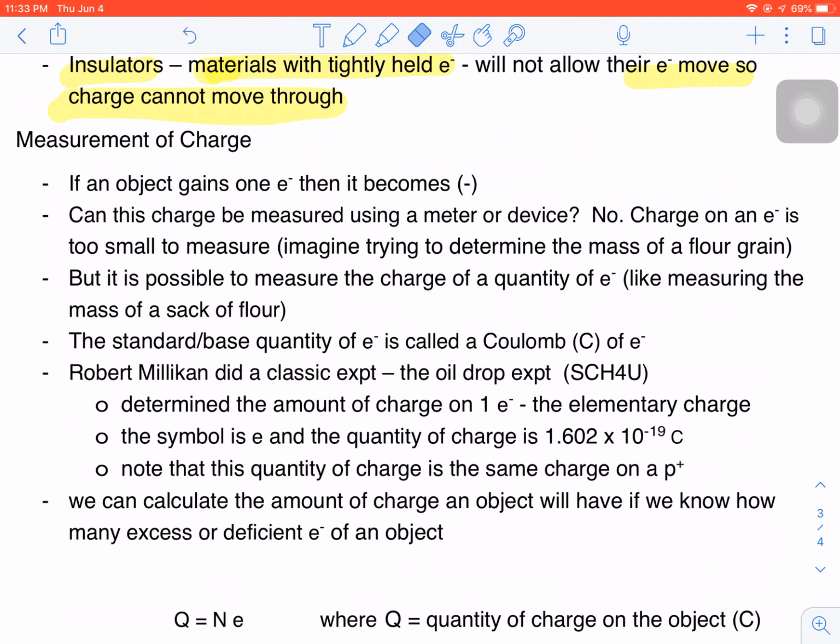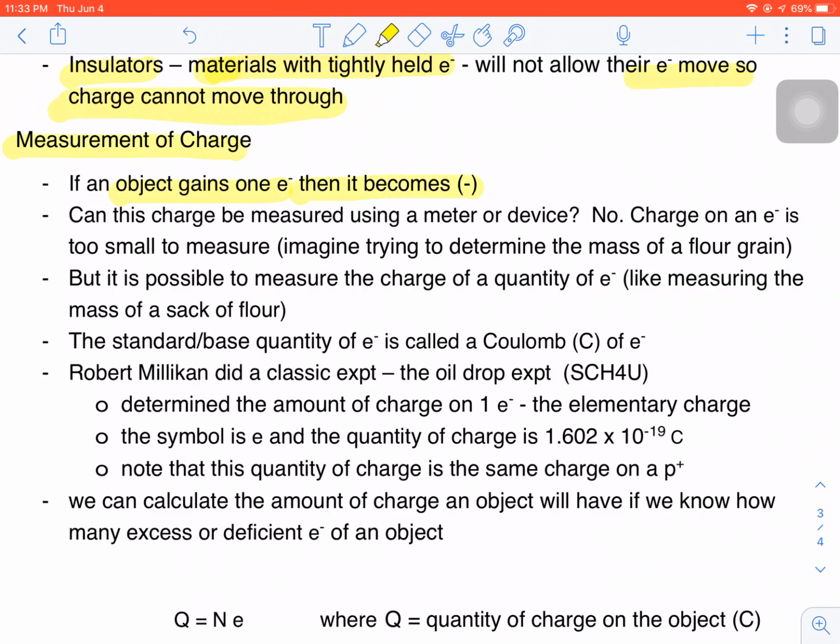So if we make things really simple for a minute, if an object picks up an electron, it has a negative charge. If it picks up 10 electrons, it has 10 times as much negative charge. If it has 1,000 electrons, it'll have 1,000 times that electric charge.